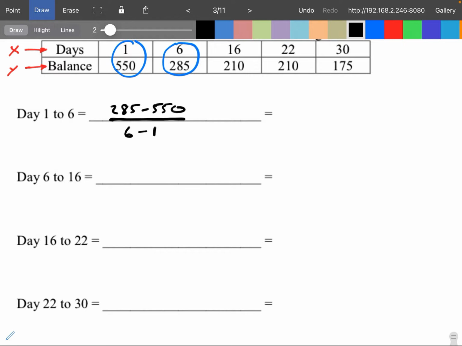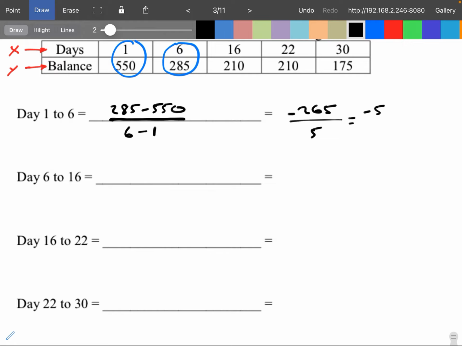So what we're going to do is subtract the x's on the bottom. So that's going to be 6 minus 1. And in the numerator, we're going to subtract the y values, which are 285 minus 550. All right, so let me get a calculator here. 285 minus 550, that's negative 265.